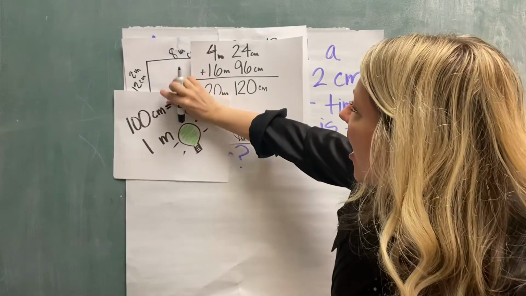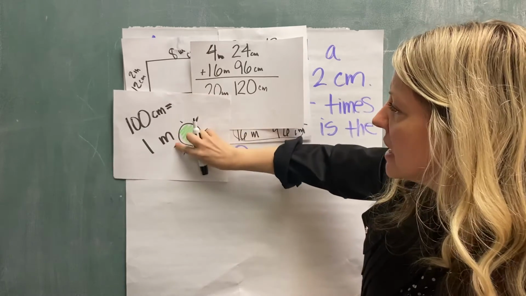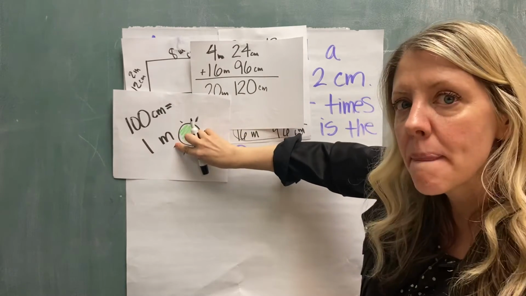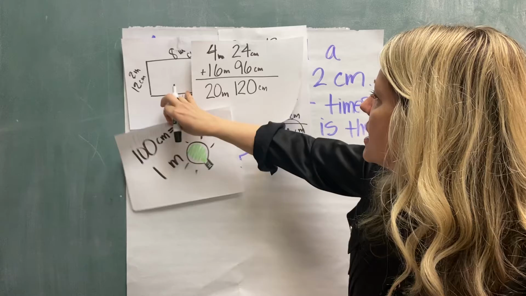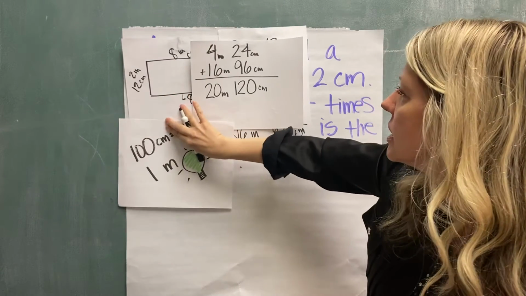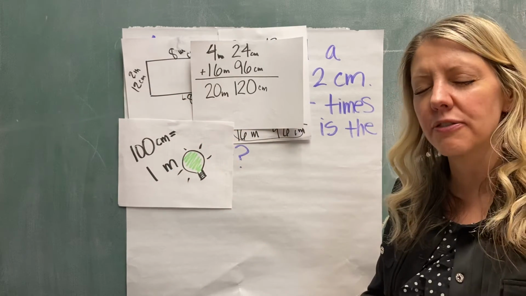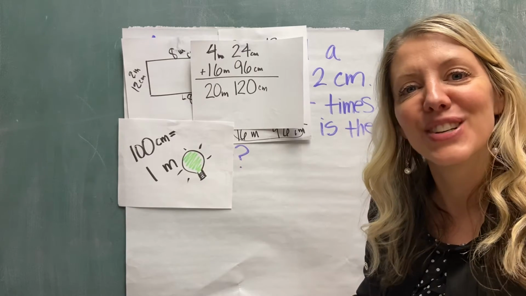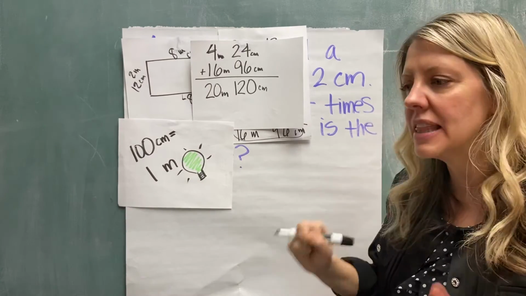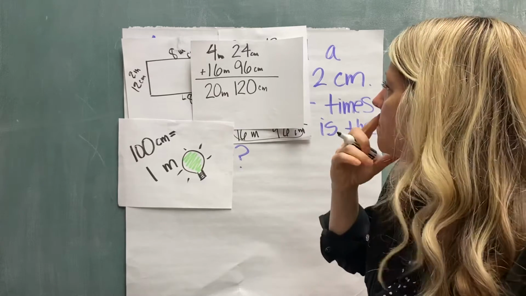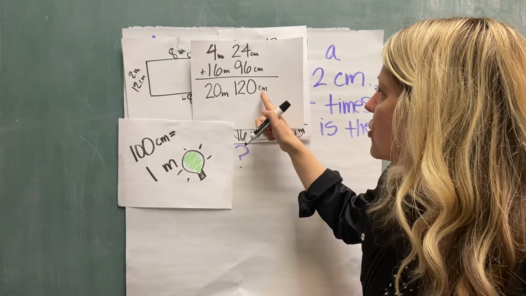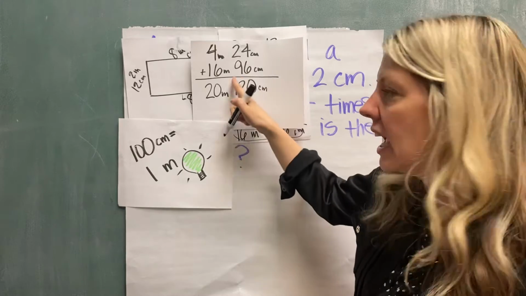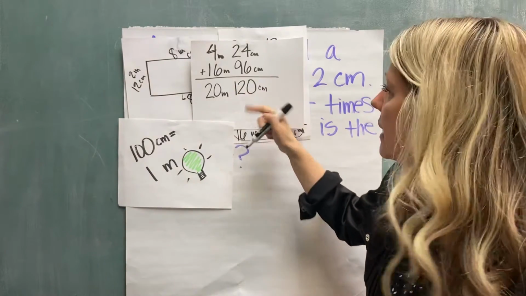There are 100 centimeters in 1 meter. So now, what am I going to do with this? I'm not afraid to make a mistake, because making mistakes is human and teaches me things. It's okay. There's 100 centimeters in 120.